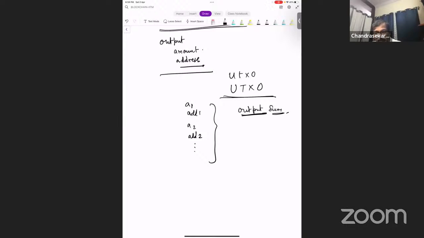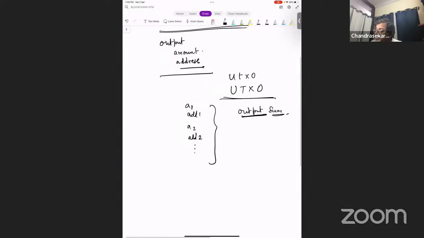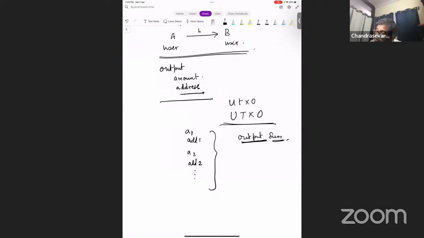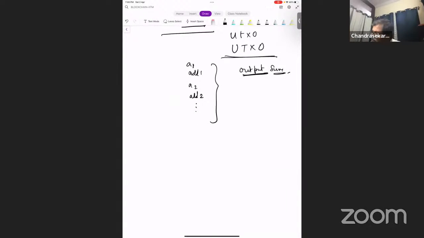Total sum is, okay, I'm giving all this money from where? There is a transaction that would have transferred something and I already own that. I have to refer to that transaction. Let's say A wants to send, by the way, 1 Bitcoin equal to 10 power 8 Satoshi.